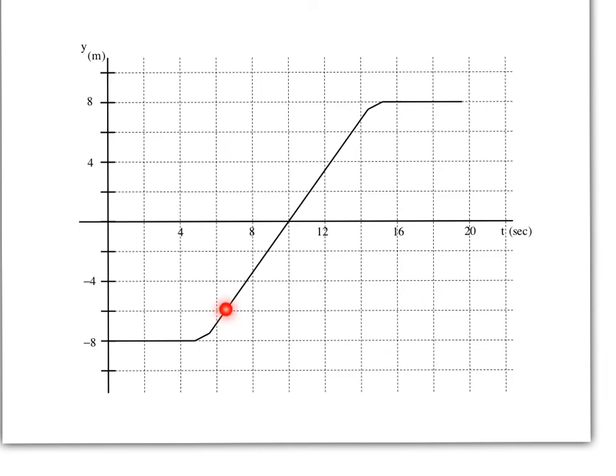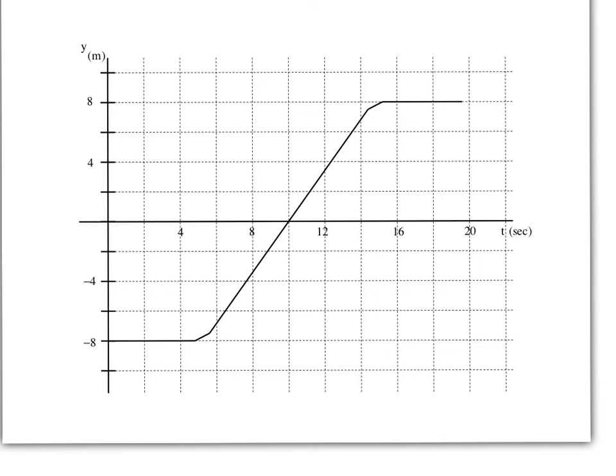Along this section you have a positive slope, which means that you have a positive velocity. The velocity does not change along this section, which means the acceleration is 0. The body passes through the origin at t equal to, what, 10 seconds? It proceeds on up in here till about, what, 15 seconds.